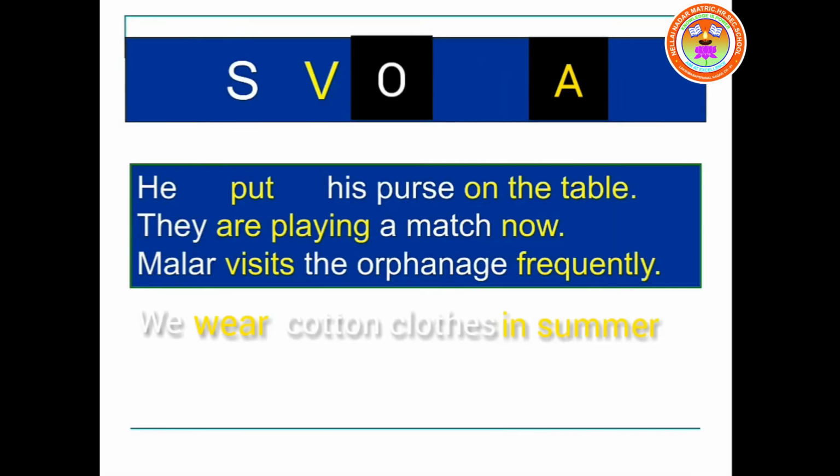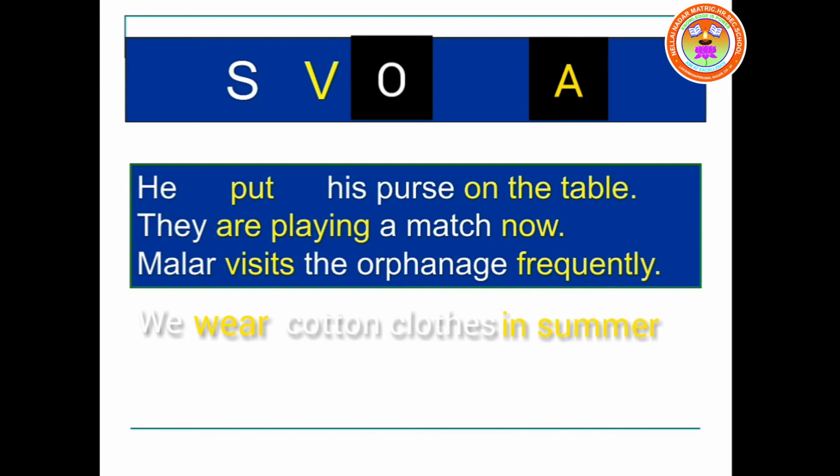In these sentences, he, they, Malar, we are subjects. Put, playing, visits, wear are verbs. His purse, a match, the orphanage, cotton clothes are objects. On the table, now, frequently, in summer are adjuncts.